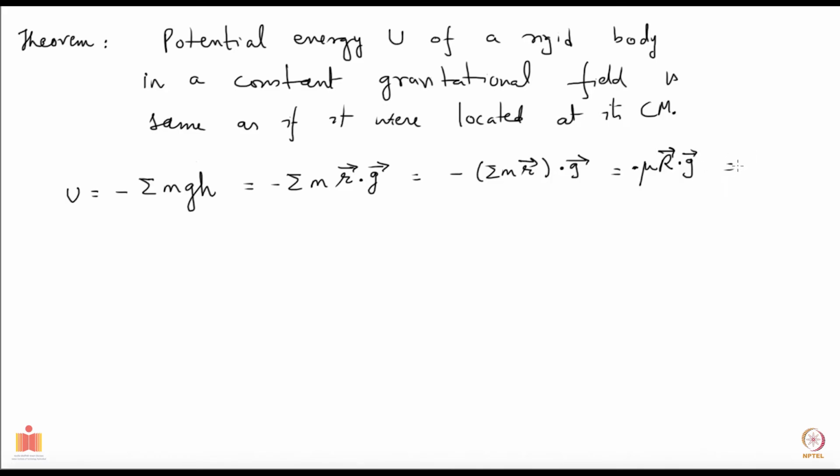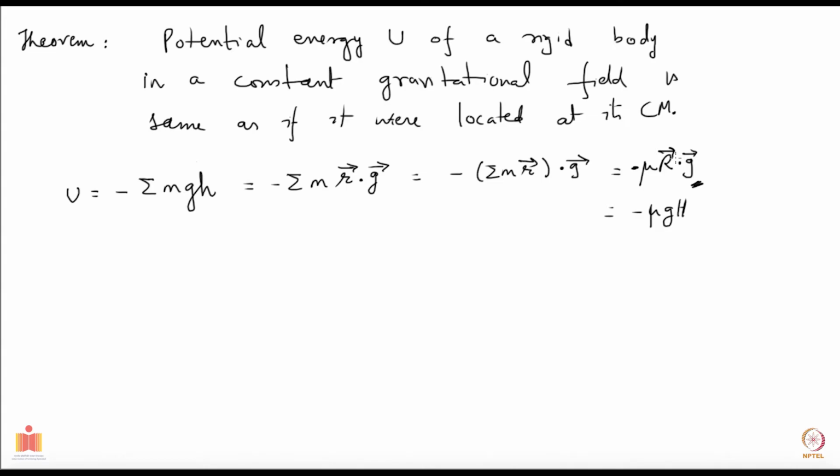If you wish, you can write it as minus M g h, where h is the height of the center of mass. So this is the next theorem that we will utilize. From here you see this is proving that it is as if your entire mass is located at the center of mass. The potential energy is the same as that one.